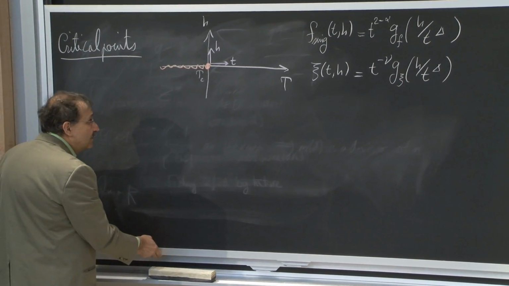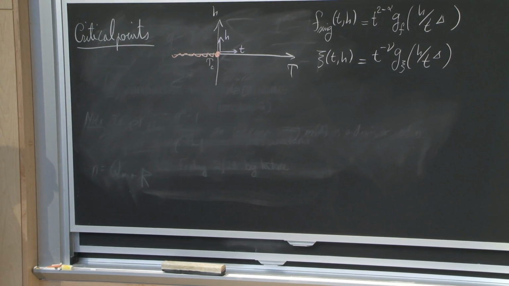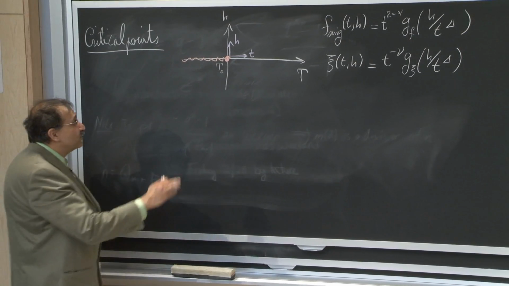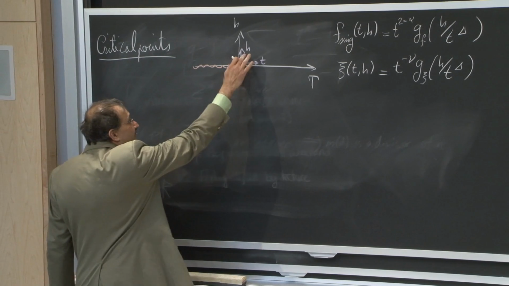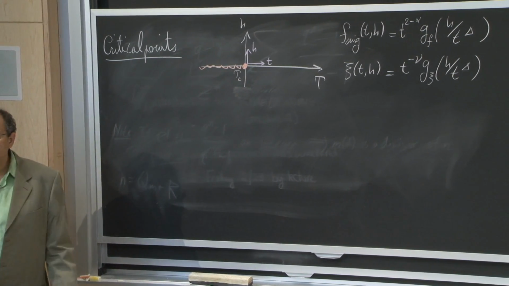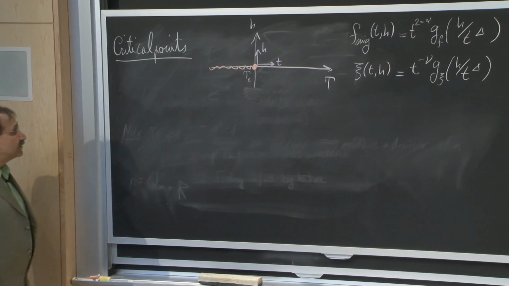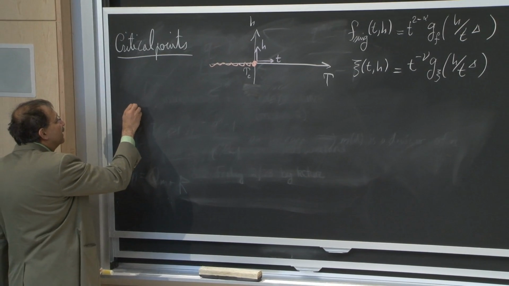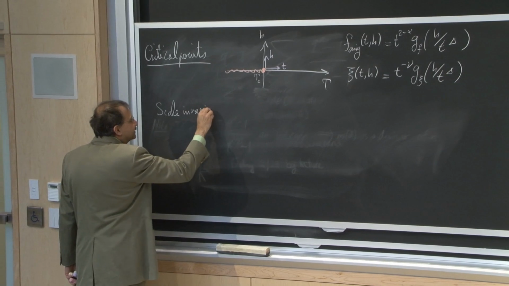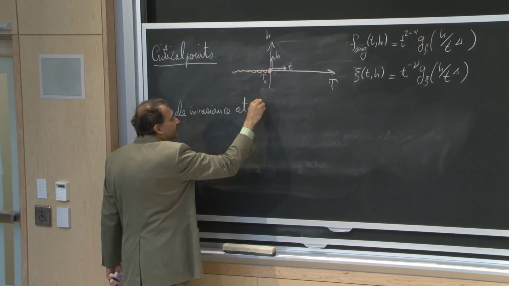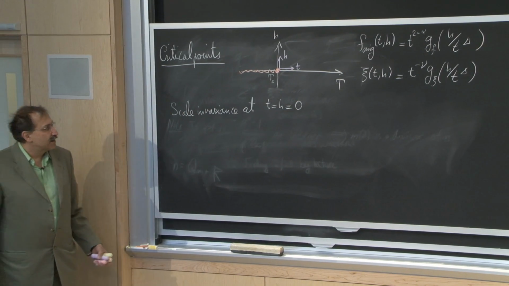So this was the general picture, and building on that, we made one observation last time, which is that at any point when you are away from H and T equal to 0, you have a correlation length. And then we concluded that if you are at T and H equal to 0, you have a form of scale invariance.